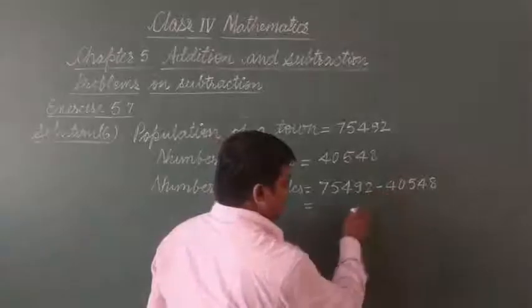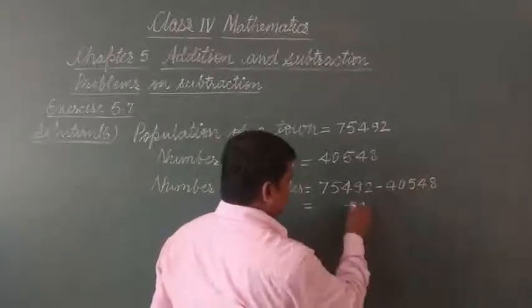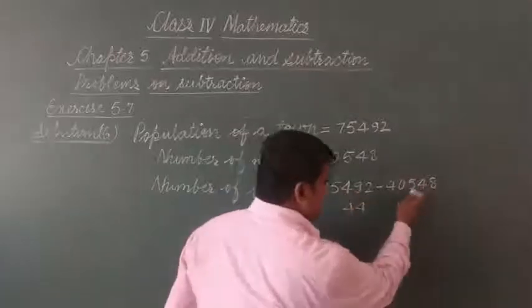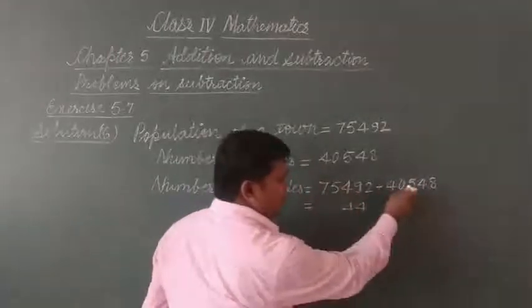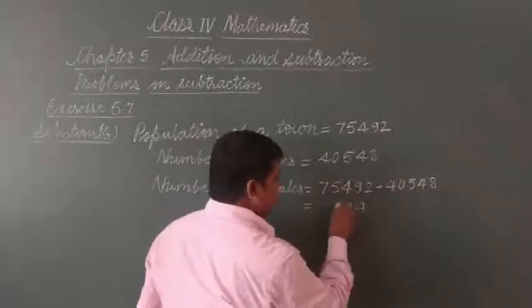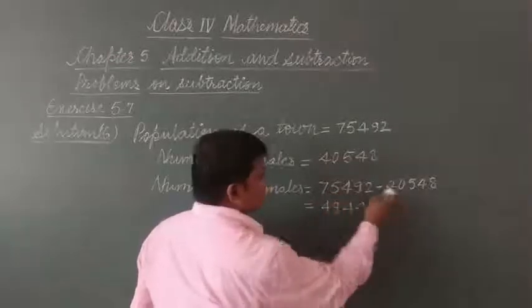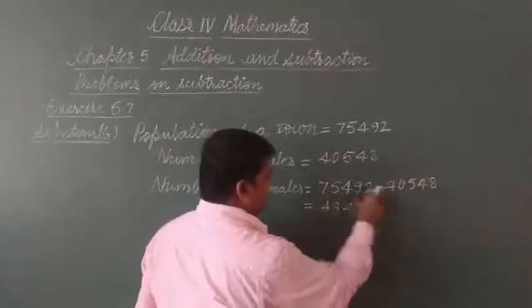Now 12 minus 8, 4. It will be left 8 minus 4, 4. Here is 4 and here is 5. So from 4, 5 will not be subtracted. We take borrow. So 14 minus 5, 9. It will be 4. So 4 here. 4 minus 0, 4. And 7 minus 4, 3.